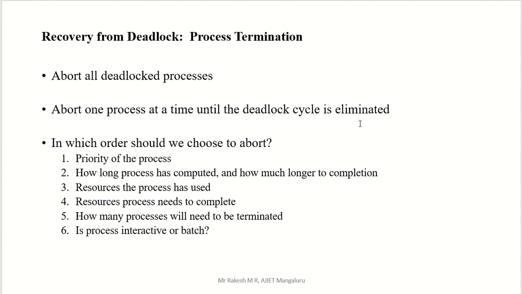If you are using three processes, then assume there is a deadlock. Okay, I will repeat that. We have three processes and assume there is a deadlock in the system. You have to avoid that. How to avoid that? We are going to use the process termination method.